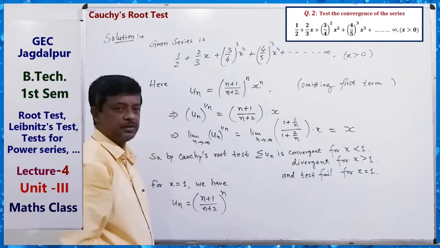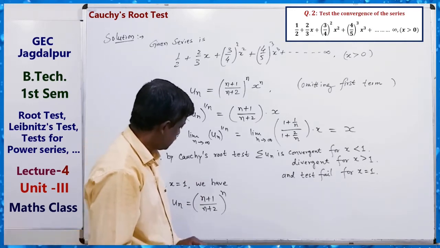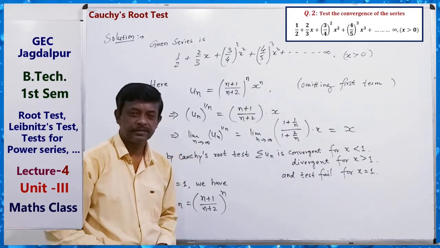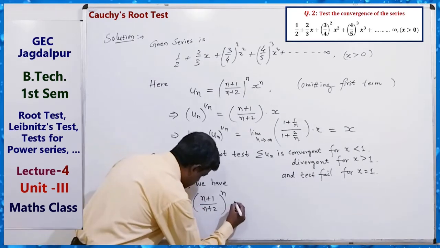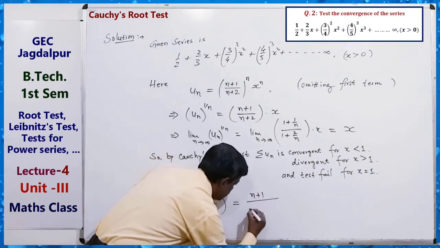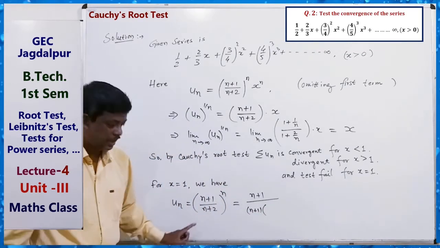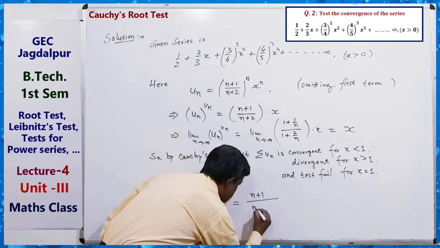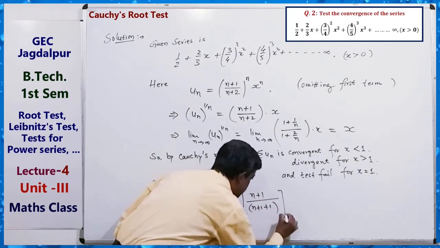the limit of this can be found like this. Here n plus 1, here n plus 2. So just do like this: n plus 1 upon n plus 1 common, n plus 2. That means you can write n plus 1 plus 1, whole power n.